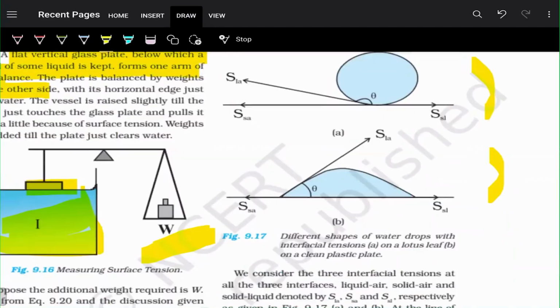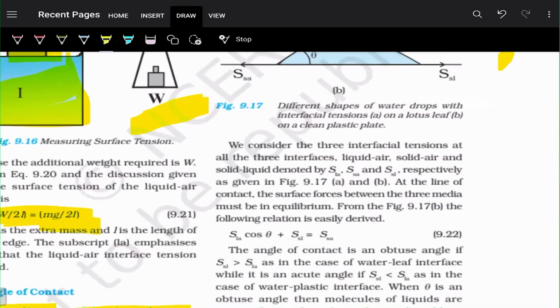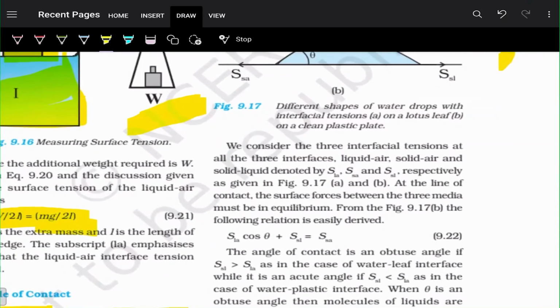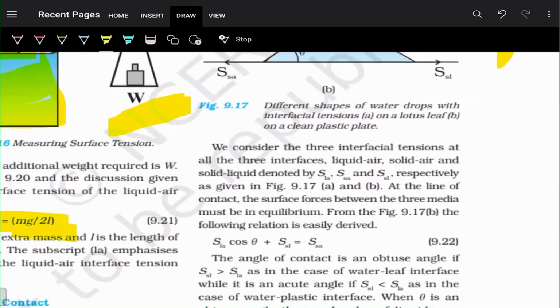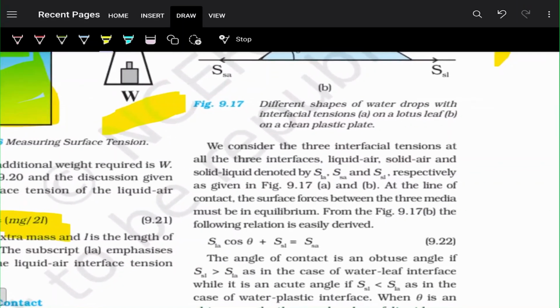Correct. We consider the three interfacial tensions at all the three interfaces: liquid-air, solid-air, and solid-liquid, denoted by S_LA, S_SA, and S_SL respectively.